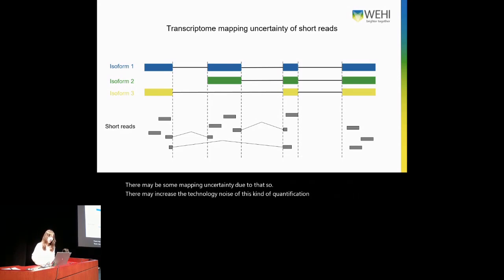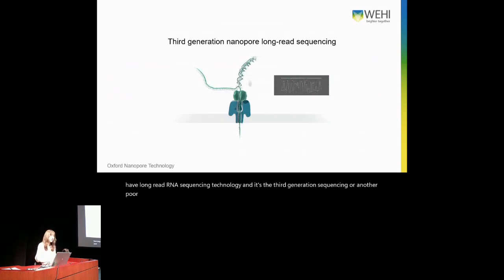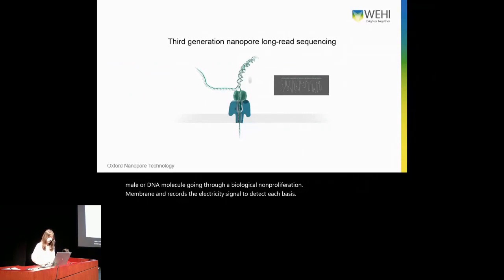But now we have long-read RNA sequencing technology, which is third-generation sequencing. Nanopore sequencing is one of the long-read sequencing technologies. It works by having an RNA or DNA molecule go through a biological nanopore on a membrane and recording the electrical signal to detect each base.